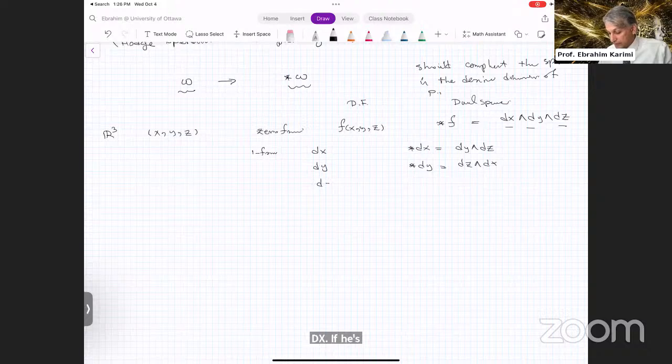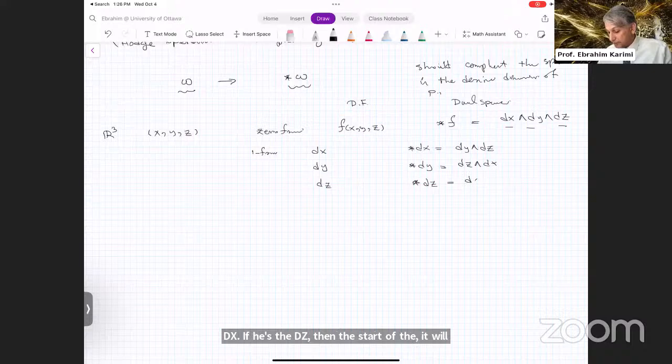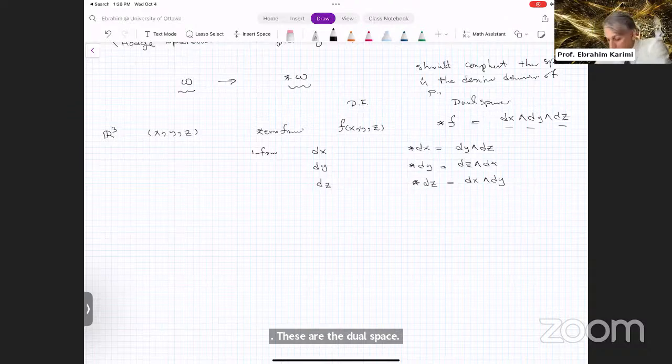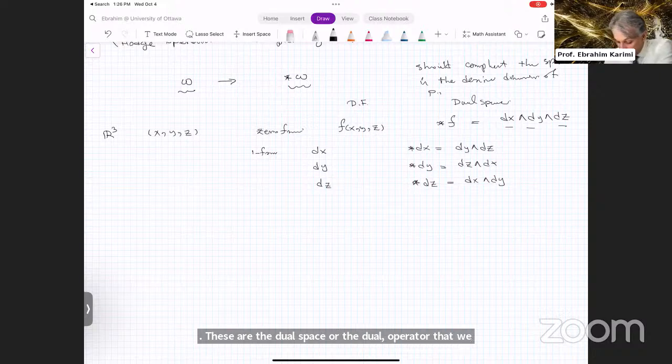If it's dz, then the star of dz will be equal to dx dy. These are the dual operators that we defined and determined during the last lecture.